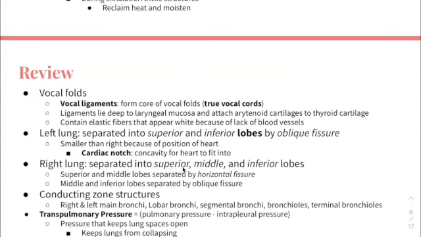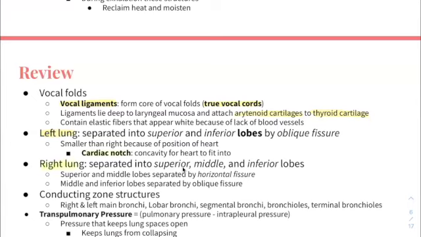So, our vocal folds. We have our true vocal cords, and the vestibular folds are the false vocal cords. We have ligaments that attach to those arytenoid cartilages into the thyroid cartilage that help with the vocal ligaments or vocal folds. And as I said, that left lung has two lobes, superior and inferior, with that cardiac notch.